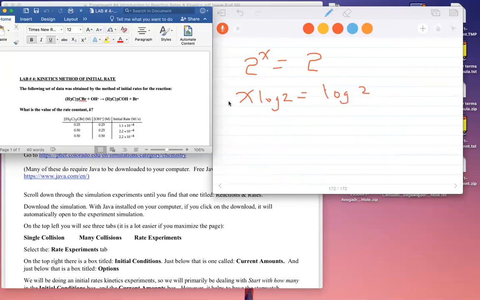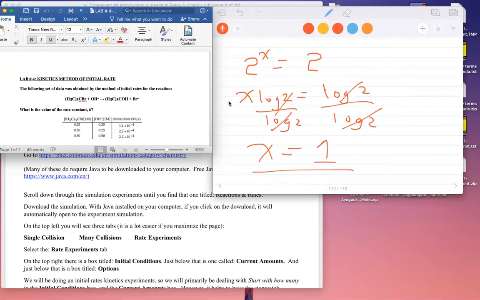I divide by log 2 on both sides, and this and that will cancel. X equals 1, since any number divided by itself ends up with 1. So I know the value for X equals 1. What I've done here is use the method of initial rate.